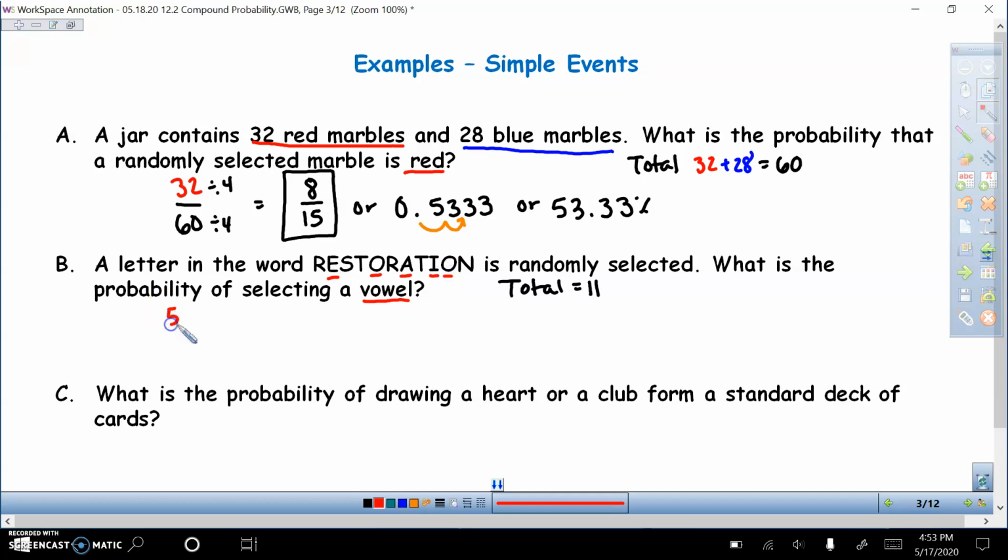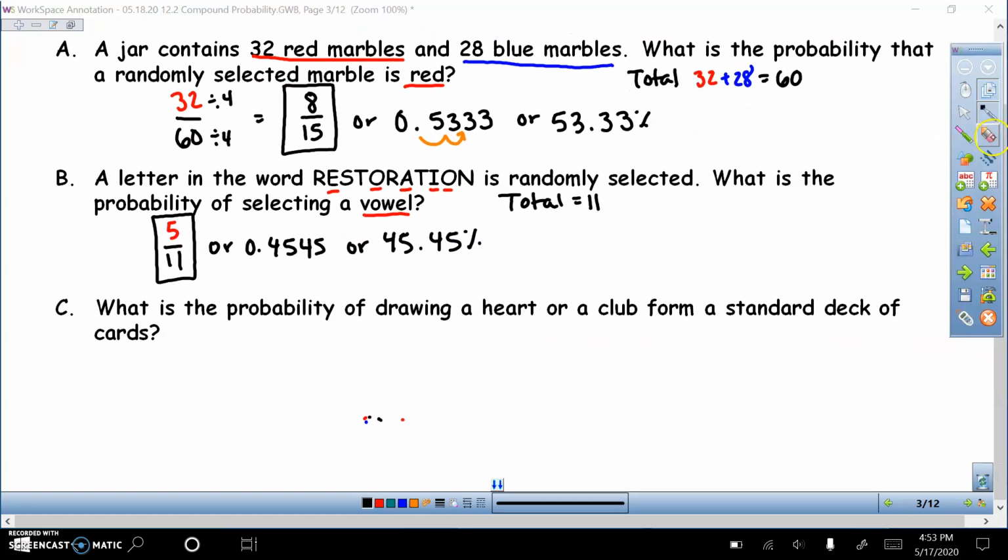So I have a 5 out of 11 chance of selecting a vowel. This fraction does not simplify, so that would be our answer. Or again, you can represent it as a decimal, or as a percent by taking that decimal and moving it 2 places to the right to get 45.45%.